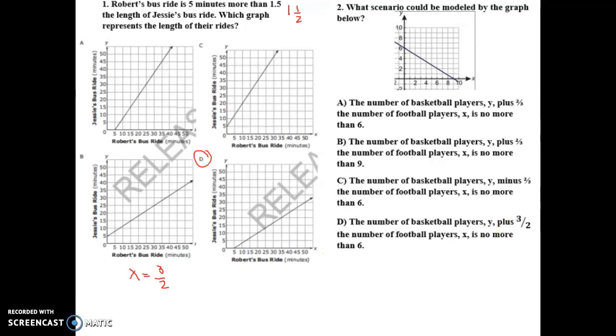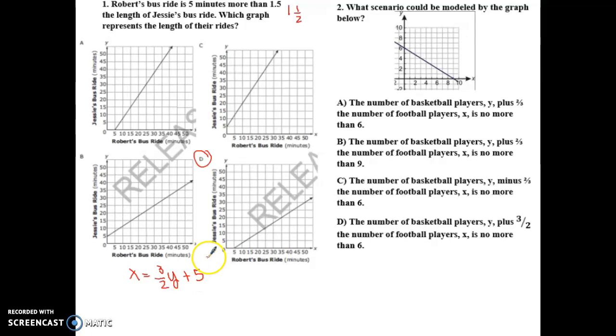Okay, like I was saying, Fisher was right, but that's supposed to be a Y. So X, who is Robert, is 5 minutes more than 1.5 the length of Jesse, which is Y, and 1.5 the length of Jesse is 3 halves, and it's 5 more than that.